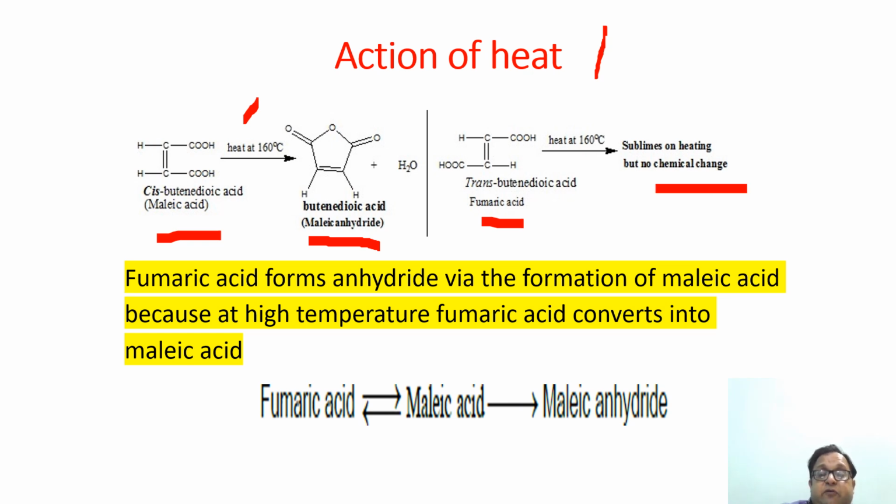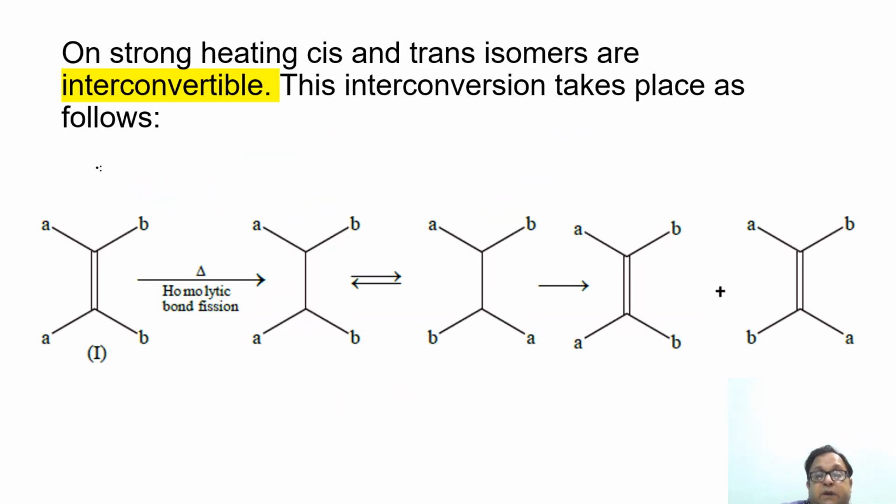So fumaric acid forms anhydride via the formation of maleic acid, because at high temperature fumaric acid converts into maleic acid. On heating, cis and trans isomers are interconvertible, and this interconversion takes place as follows.